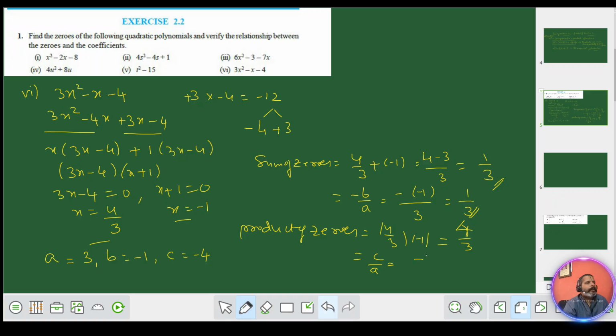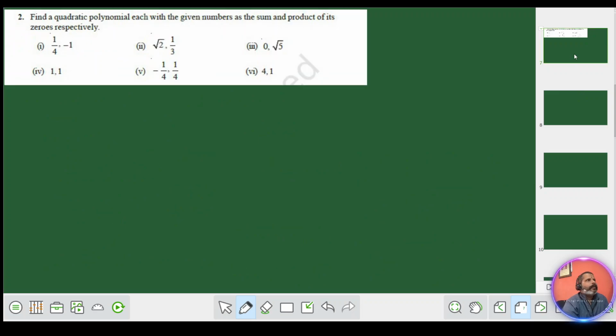What is c here? Minus 4 by 3. So 4 by 3 into minus 1 is minus 4 by 3, and this is equal to c by a. The sum was equal to minus b by a. Hence, verified. Clear? We are done with exercise 2.2 main question 1.